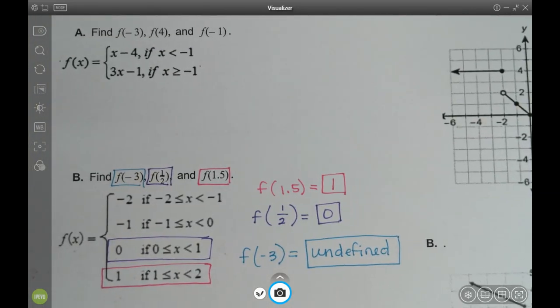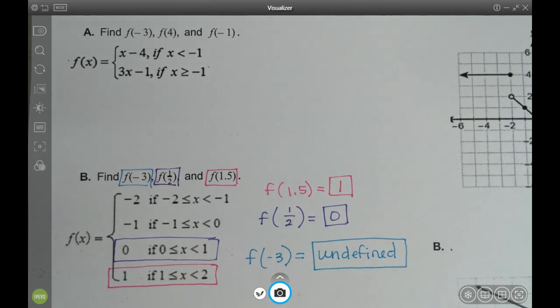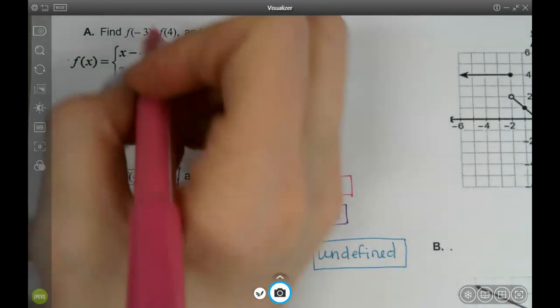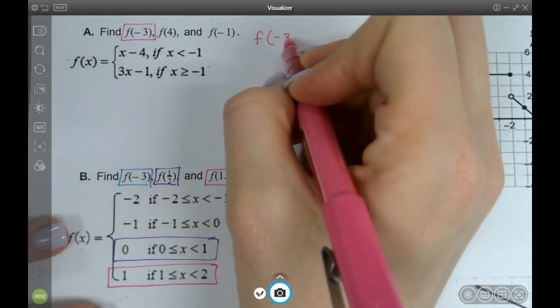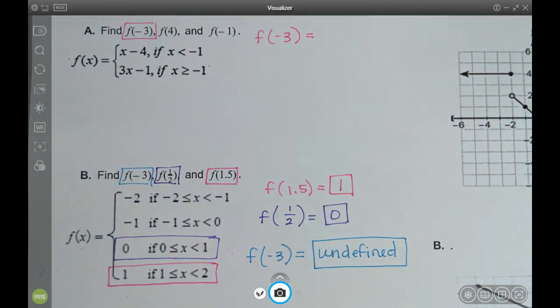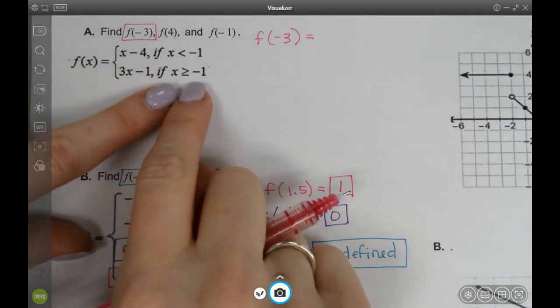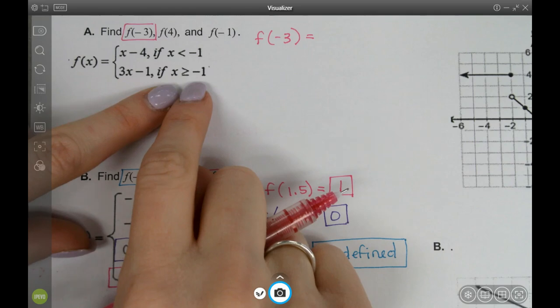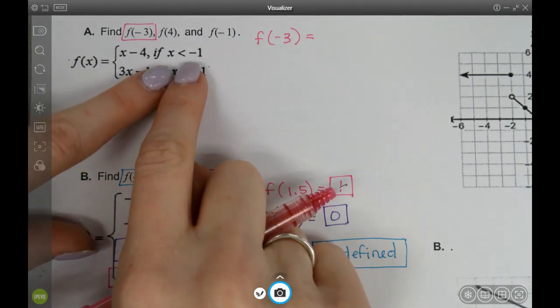Okay, now let's go back up and do part A. First one they want to see is f of negative 3. So is negative 3 less than negative 1 or greater than or equal to negative 1? It's going to be less than.